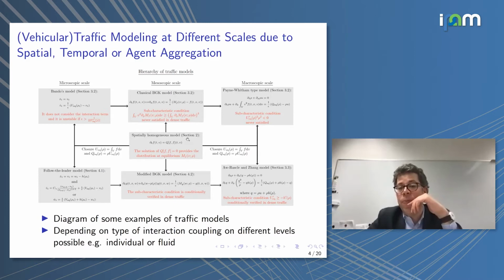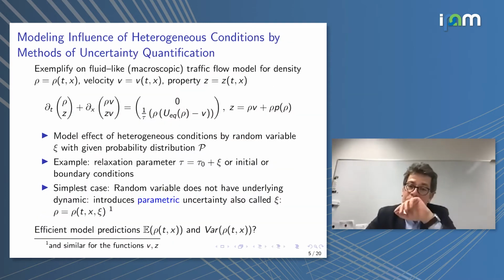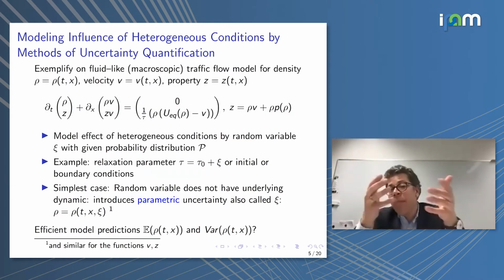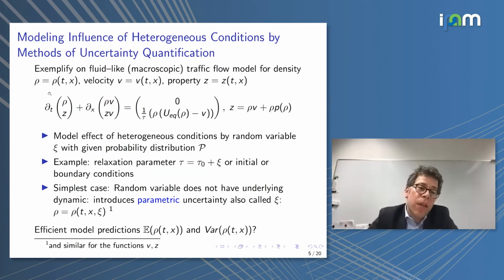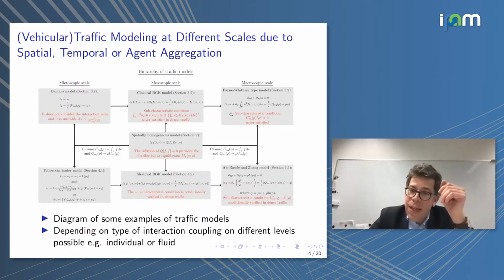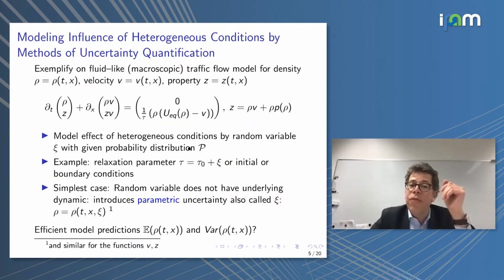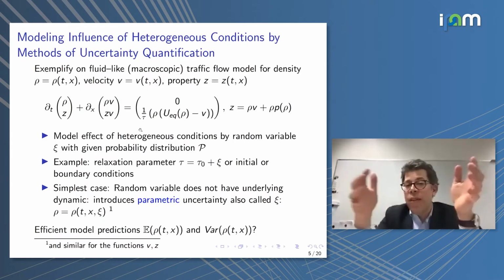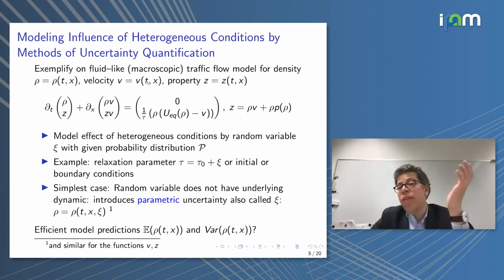If you now think of one model, just to exemplify this discussion, I took what is called the Aw-Rascle model. You have a model which describes, on this macroscopic level, the evolution of the density of cars and their velocity, and maybe of an additional property, which is called z here.